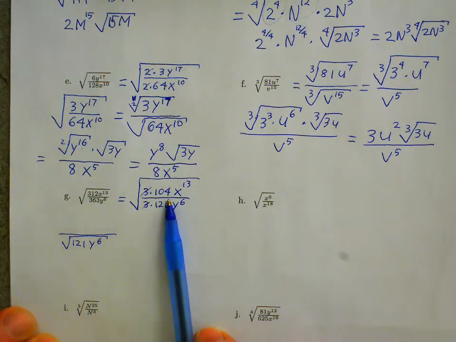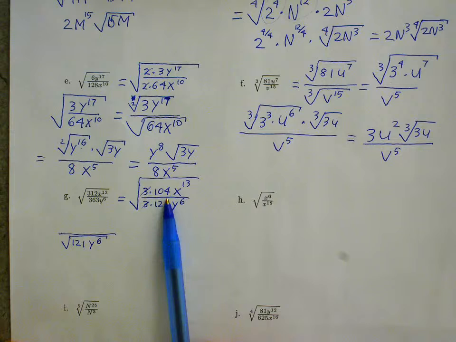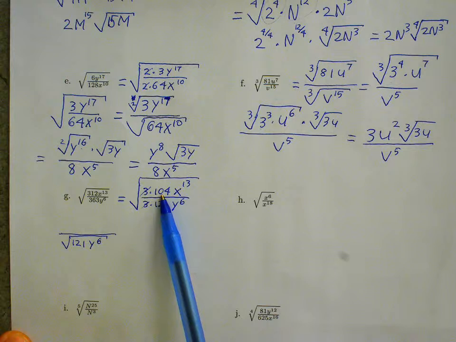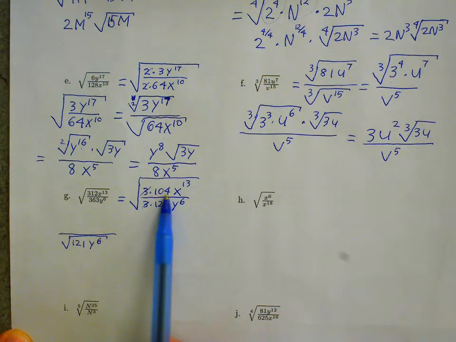And then in the numerator, what's the largest factor of 104 that is a perfect square? 4 is a perfect square. 4 times 26 is 104. And the largest factor of 26 that is a perfect square is 1. So the largest factor of 104 that is a perfect square is 4.